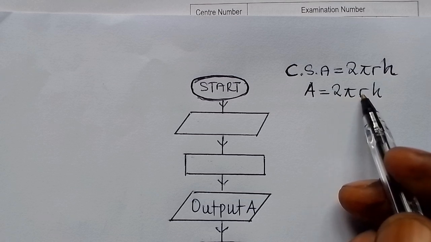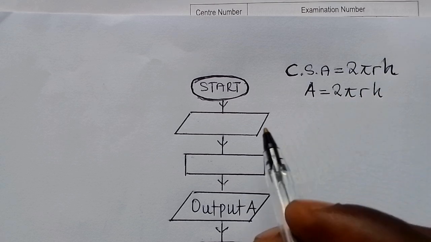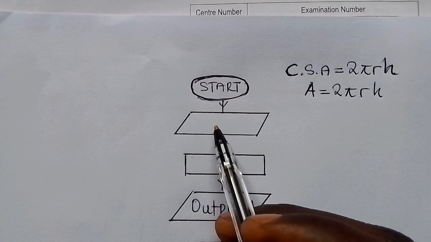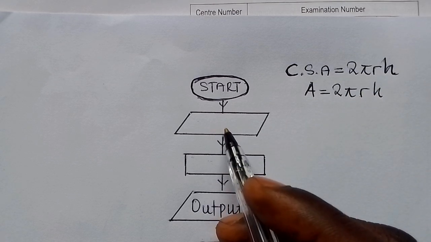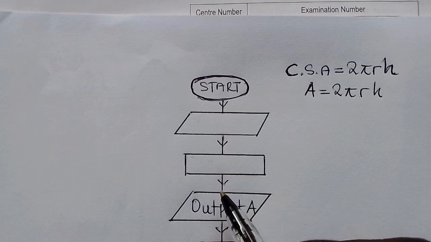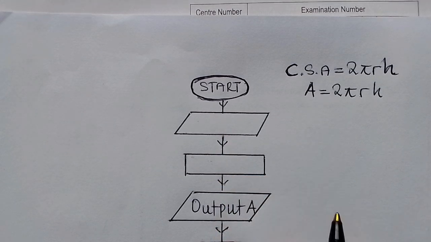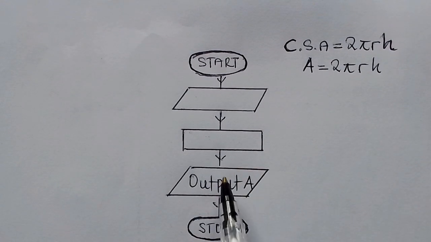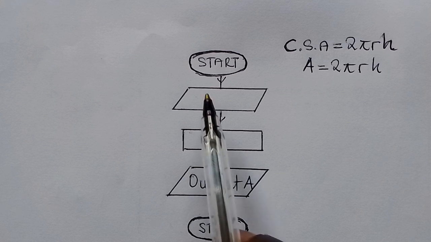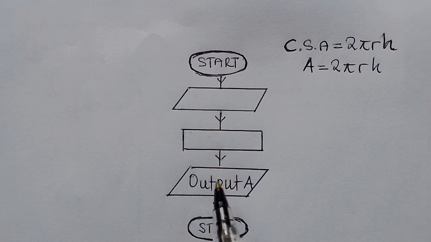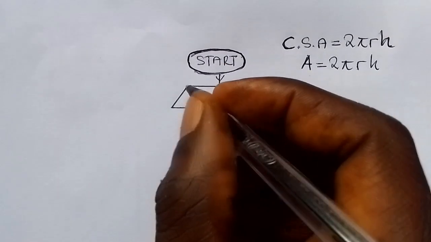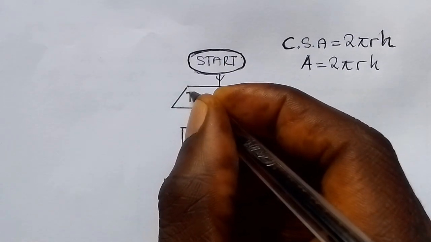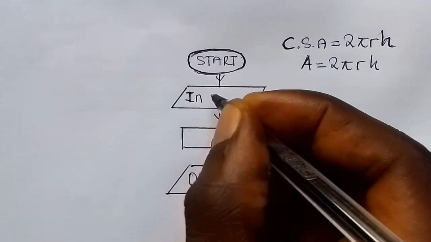So meaning the variables that we have are R and H. So this means that in our input stage, the variables that we are going to use are R and H. The language I'll use here, since they've used output for the output stage, I'll also use something in line with this term, so here I'll use the word input.